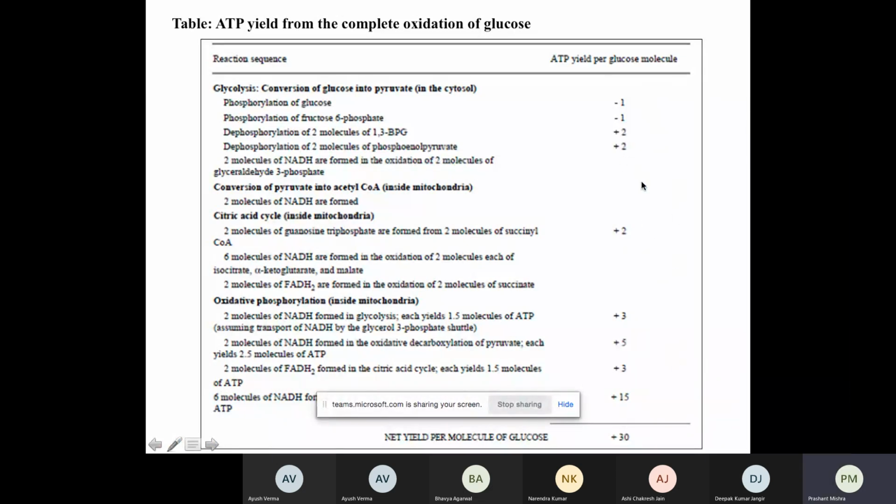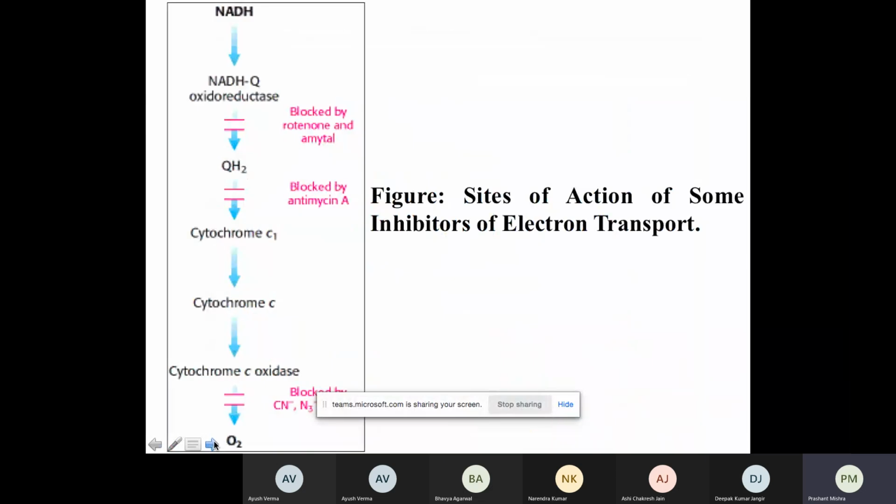With oxidative phosphorylation, you get 30 molecules of ATP, much higher than what you could have achieved through fermentation. That is why, compared with fermentation, an aerobic organism can create much more mass, because a lot of energy is available.